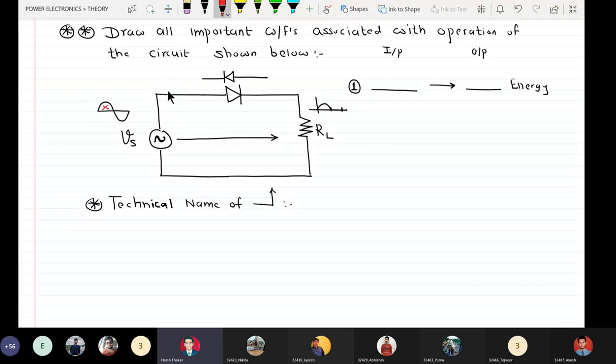So we need to have proper understanding. Okay. So now I'm connecting an SCR instead of a diode. So now tell me, is this circuit a rectifier or a converter?